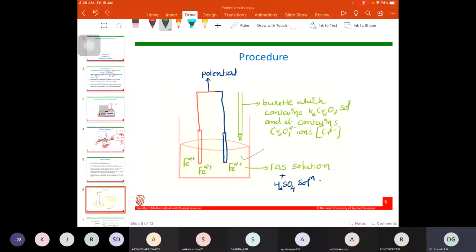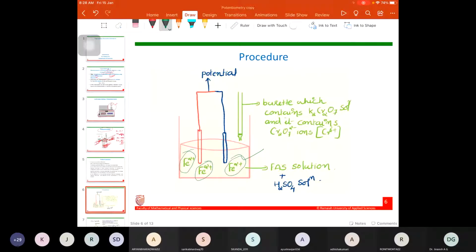We took ferrous ammonium sulfate solution, 25 ml, in a beaker. Ferrous means Fe2 plus, right?